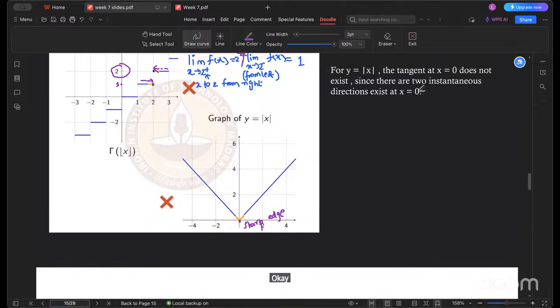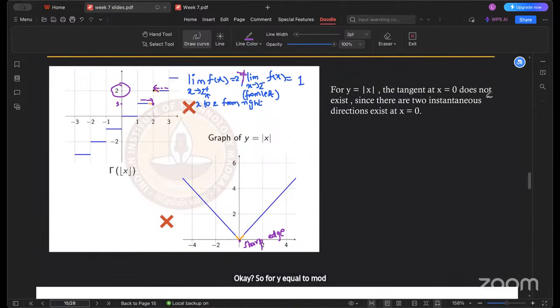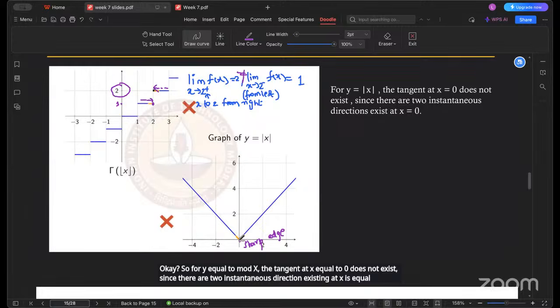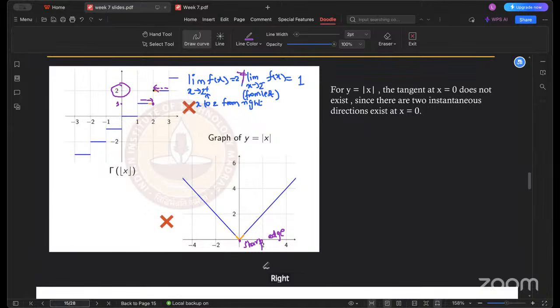For y equal to mod x, the tangent at x equal to 0 does not exist, since there are two instantaneous directions existing at x equal to 0. You can put the direction this way or this way, right? Hence we are saying that the tangent does not exist in this case.